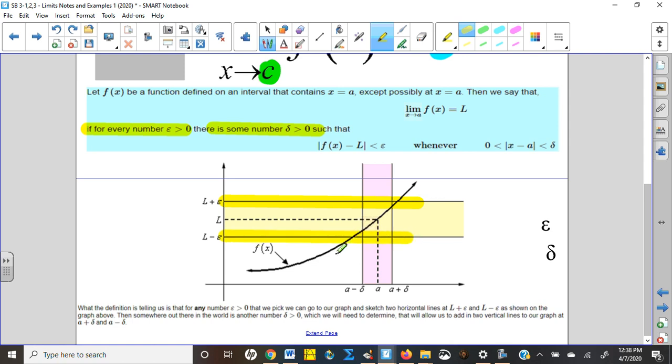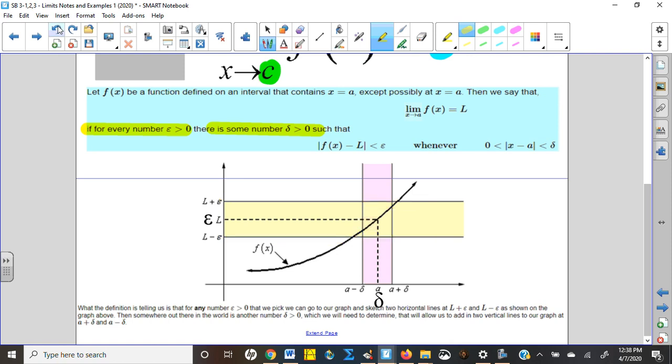Somewhere there's going to be a delta such that we can determine that our function's y value will be between those two lines. So it's a more complex, like I said, more calculus-y definition.